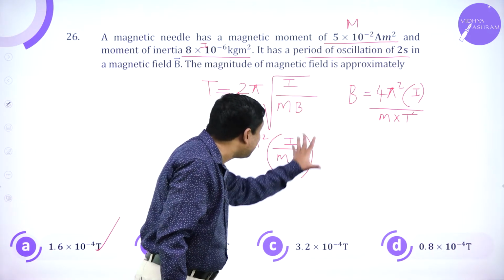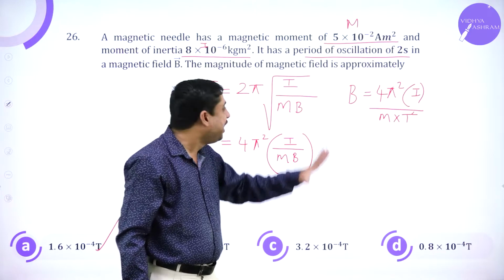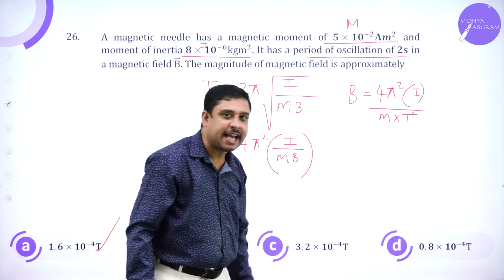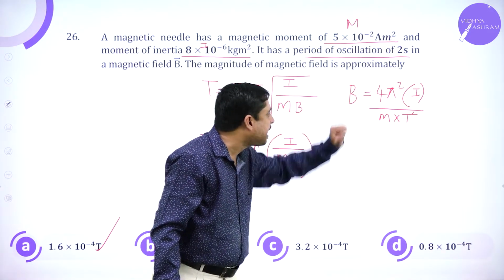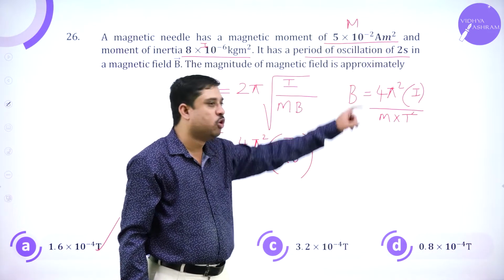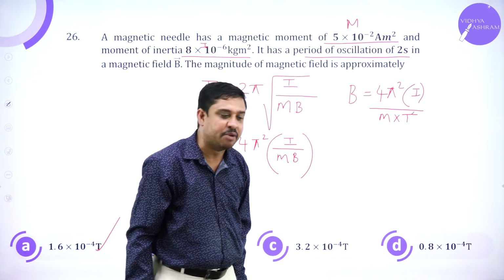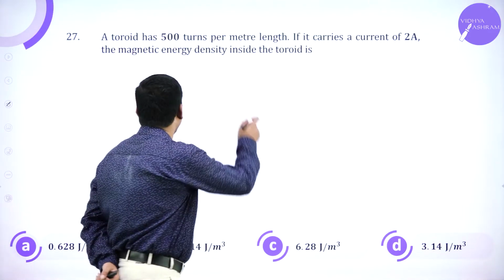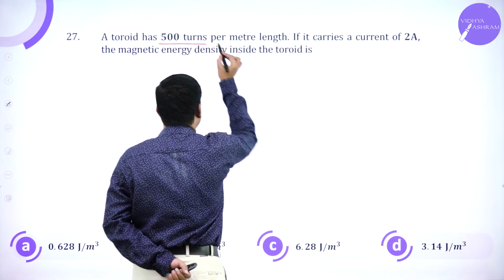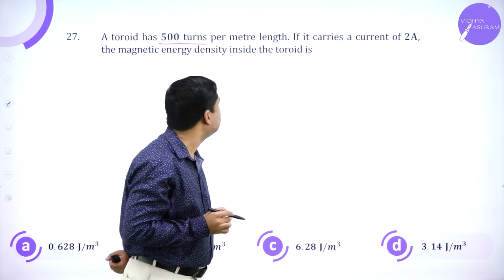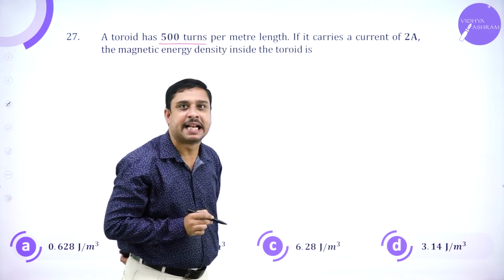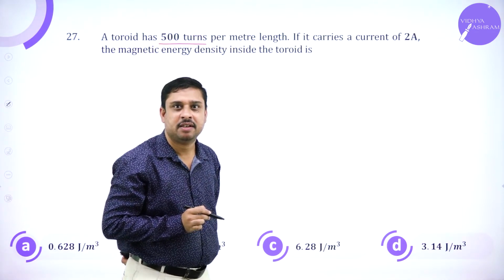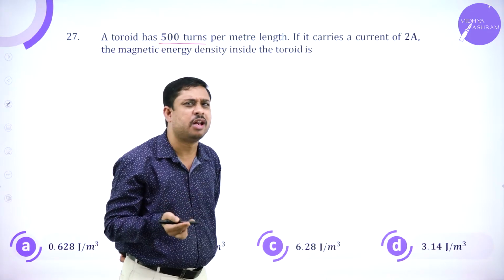Now you need to know this expression. You need to know how to alter the expression. What factor has to be arrived? Substitute, simplification in brisk. Next one. A toroid has 500 turns per meter length. Now, a toroid is one form of a solenoid.